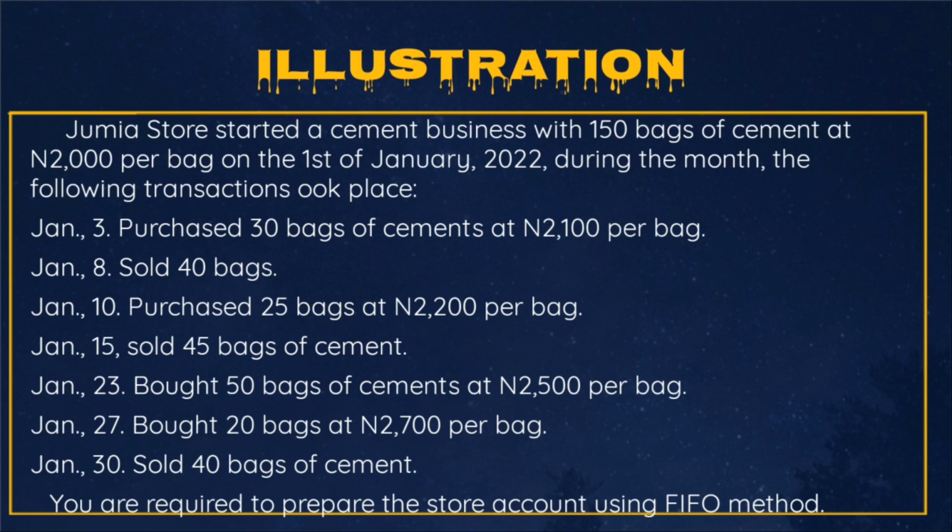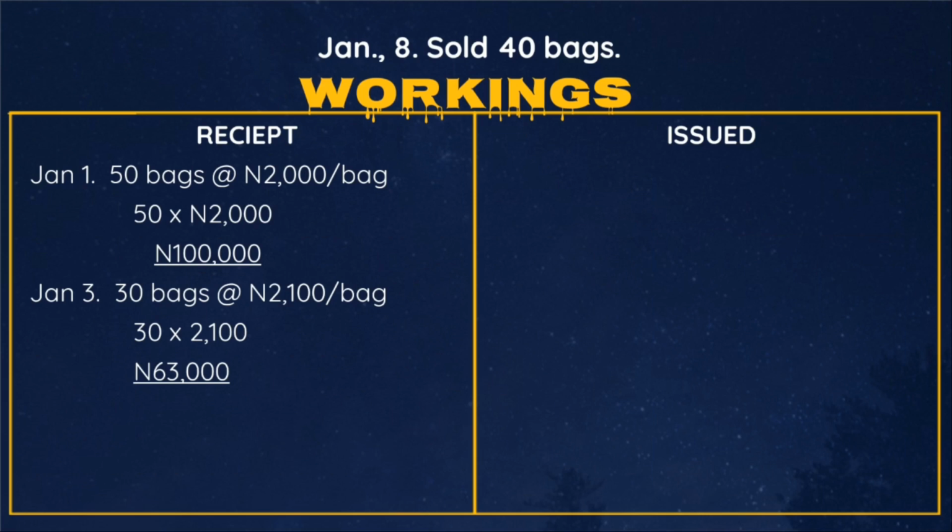On January 8th, sold 40 bags. This time around, they are issuing inventory out, so let's go under the issue. January 8th, 40 bags at 2,000, because just like I said, we are talking about first in, first out. If we look at our receipt side, the first inventory we received was the 50 bags of cement on 1st of January, so the issue will be taken from the first item that came into the store.